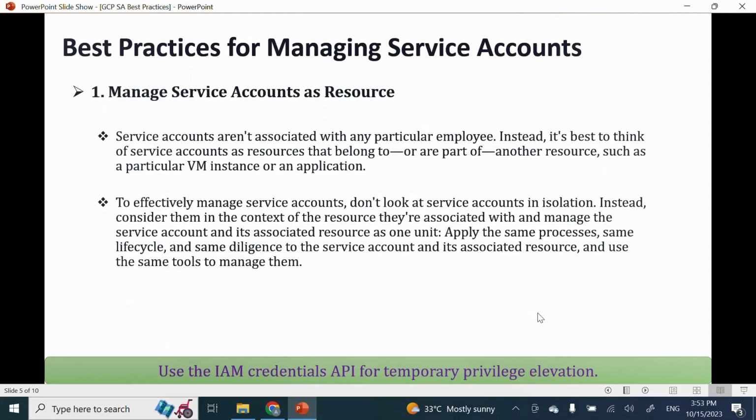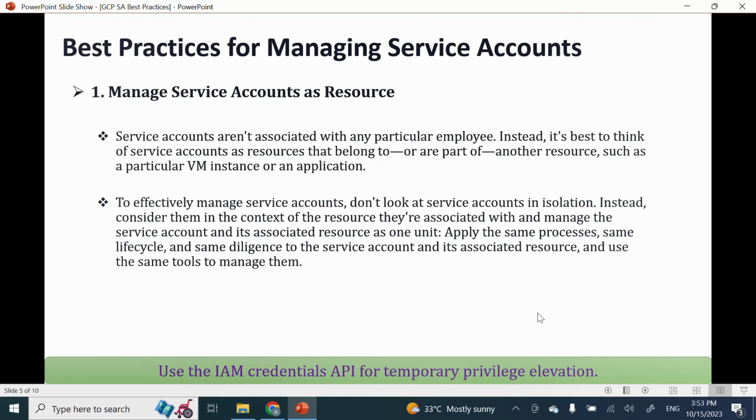Best practices for managing service accounts. Manage service accounts as a resource. Service accounts are not associated with any particular employee. Instead, it's best to think of service accounts as resources that belong to or are part of another resource, such as a particular VM instance or an application. To effectively manage service accounts, do not look at them in isolation.